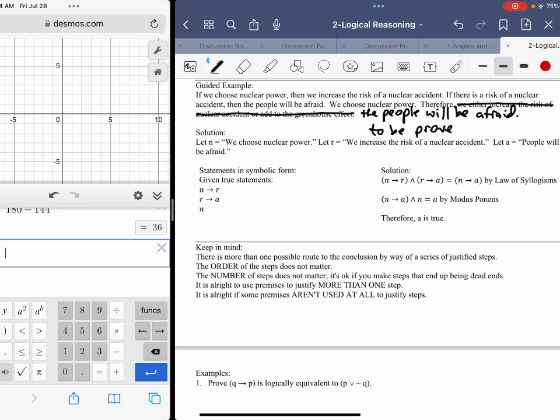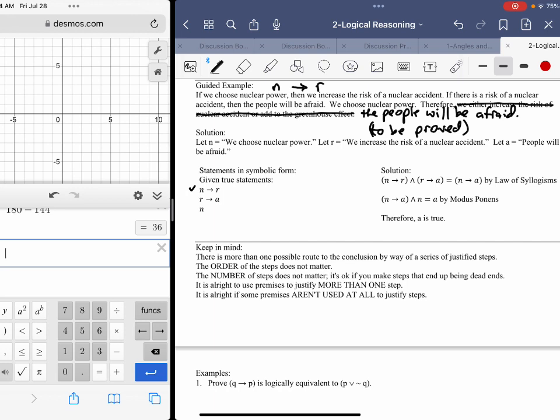All right. So just taking it from the beginning, if we choose nuclear power, now in the solution I let N be we choose nuclear power, so N, then we increase the risk of a nuclear accident, which I called R, so that's where this first statement comes from.